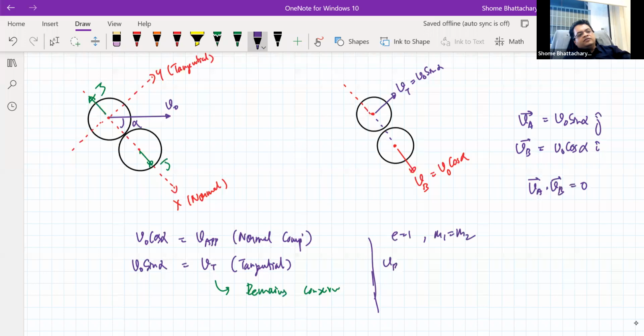So my VB will become, sorry, it will become 1 into V naught cos alpha, and VAx will be 0 into V naught cos alpha, because we have that equation.